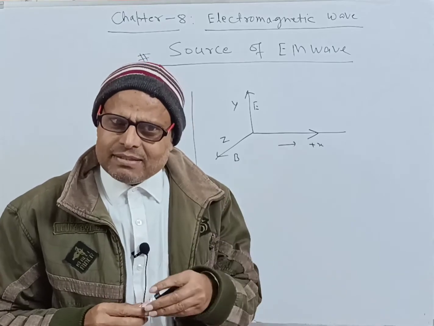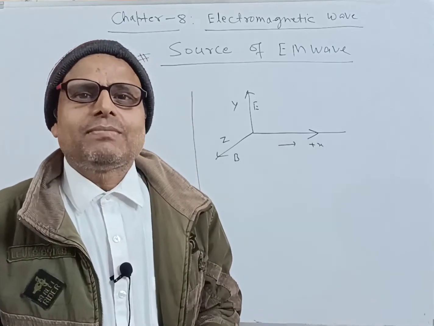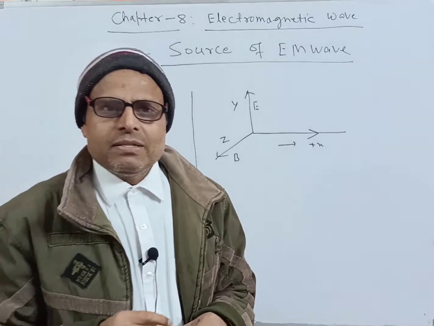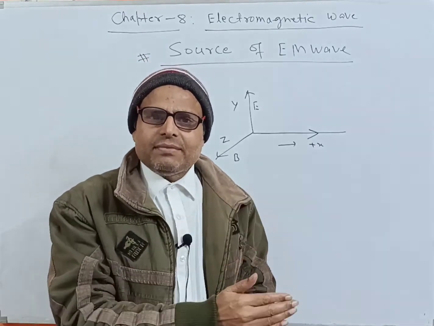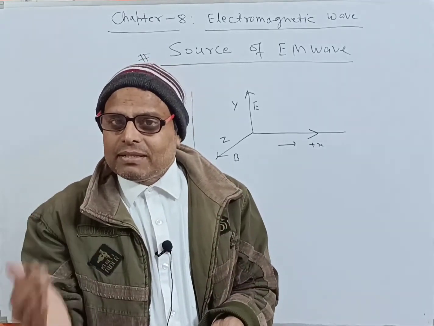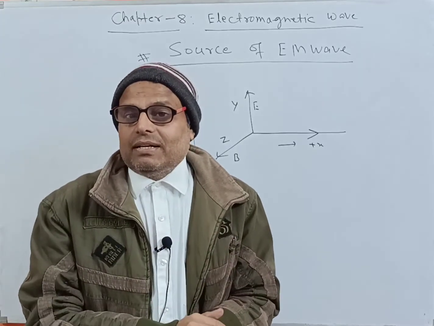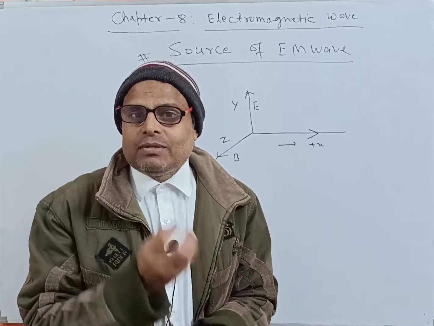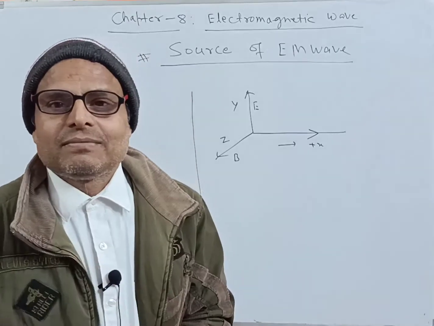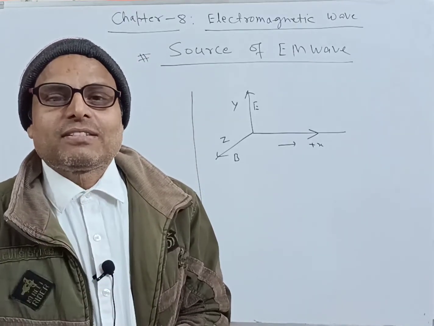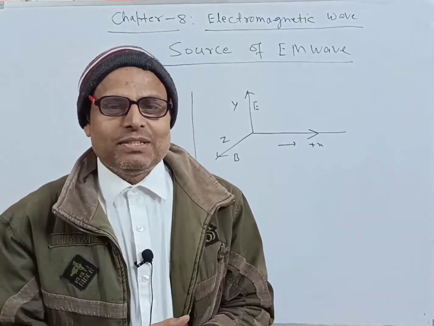And Maxwell said the changing electric field produces magnetic field also. Means electric field produces magnetic field and magnetic field produces electric field. But what is the source of this interesting, amazing production? That is very much important.